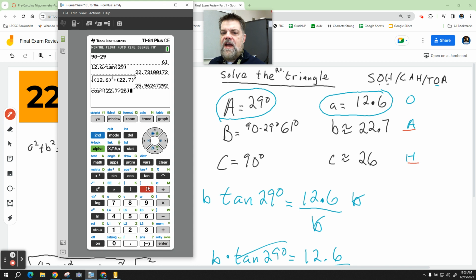Now, if I did my math right, it'll be close, but we did some rounding, so it won't be exact, but the angle should be close to 29 degrees, right? 29.1. That 0.1 comes from the fact that we rounded some things. So, yeah, I'm happy with these answers. Does that make sense to you guys?